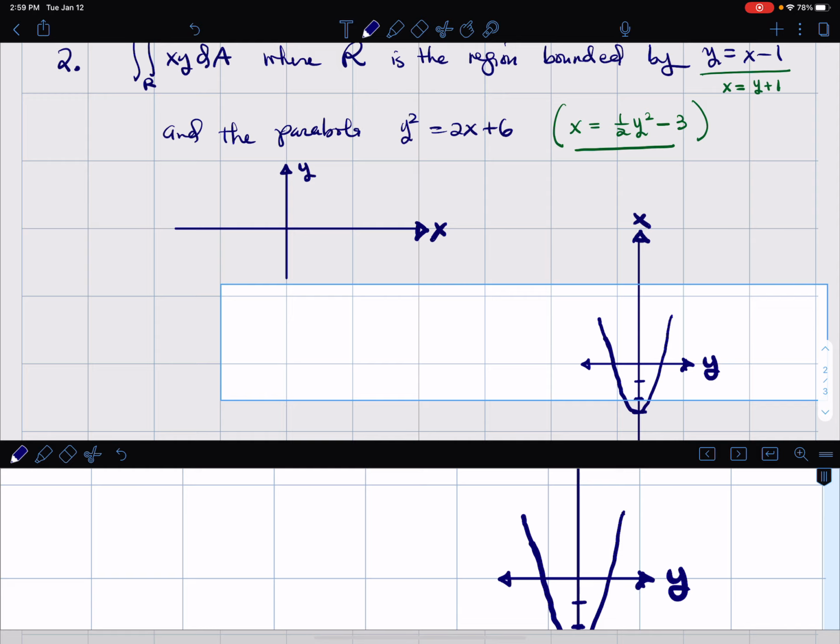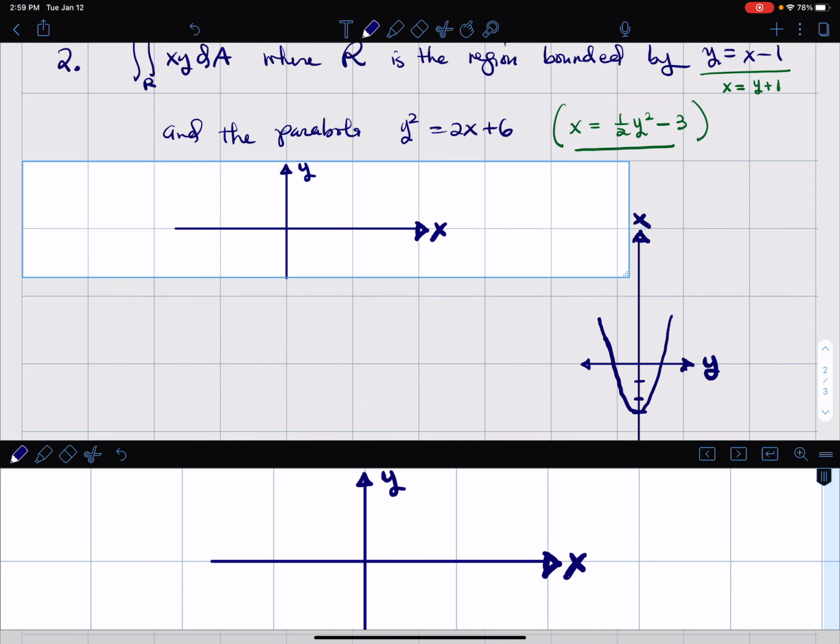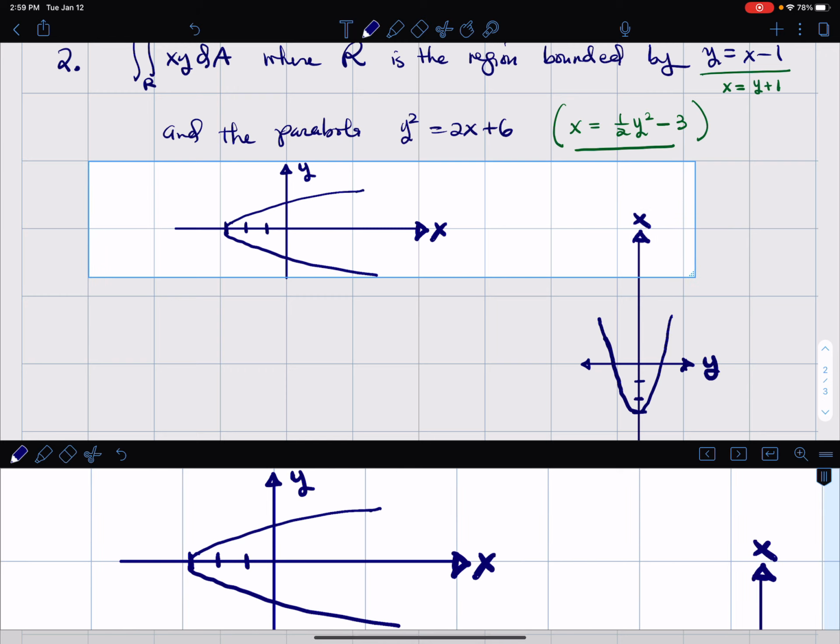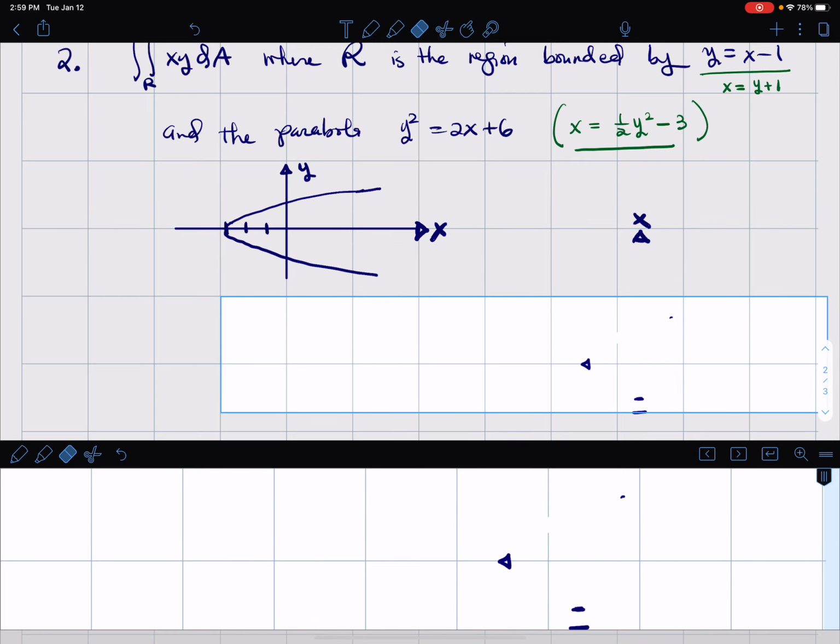The whole point of doing this is to let you know that this particular parabola has its vertex on the negative x-axis. So we have something like that. All right, for now, I'm going to erase this.